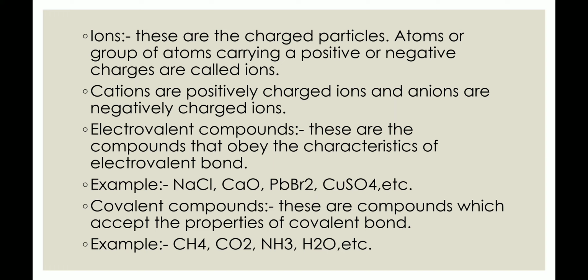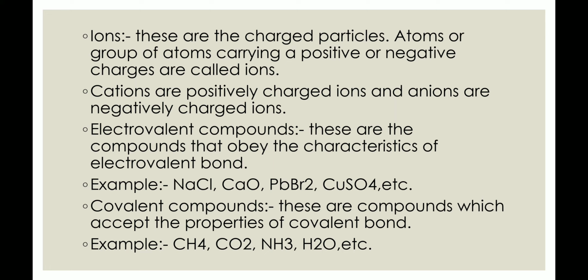Examples: CH4, CO2, NH3, H2O: methane, carbon dioxide, ammonia and water. These are covalent compounds because the electrons they share among themselves make the outermost orbit an octet. So this covalent bond exists between non-metal and non-metal.